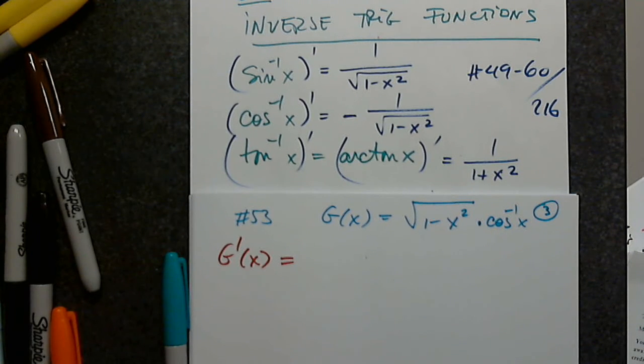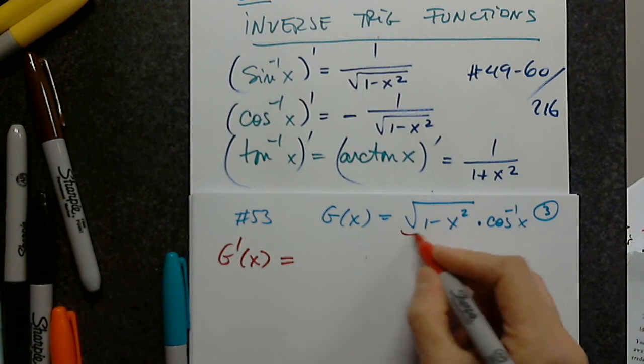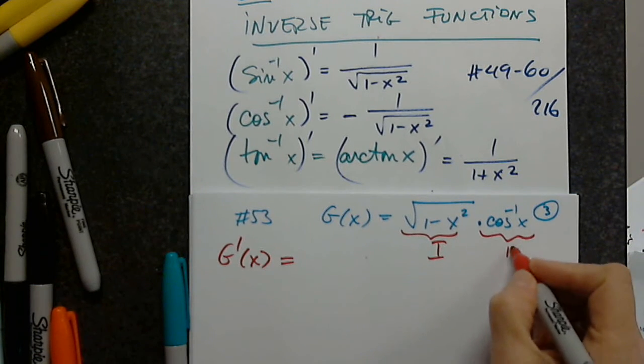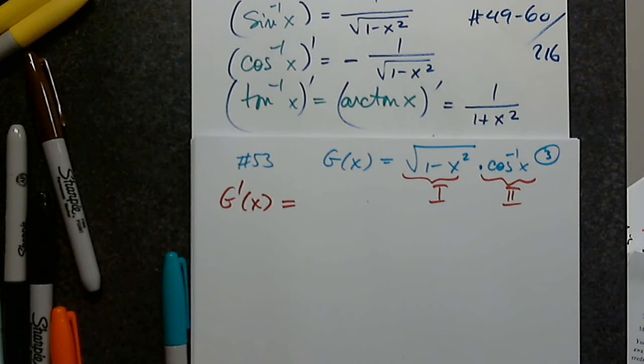It's a product. So this is the first function, and this is the second function. If you're using my method, then you will say y prime is 1 prime times 2 plus 1 times 2 prime. You can twist them the way you like. That's fine with the product.